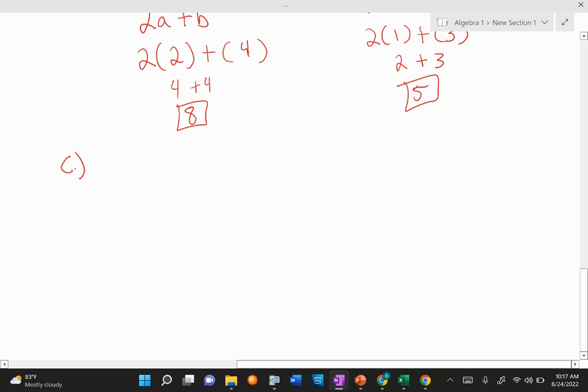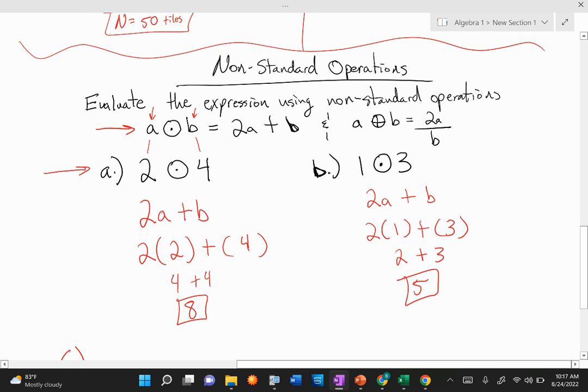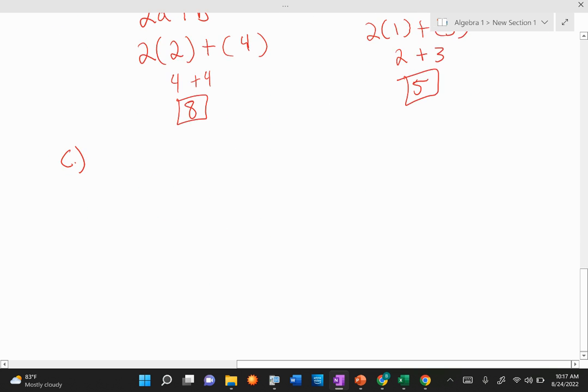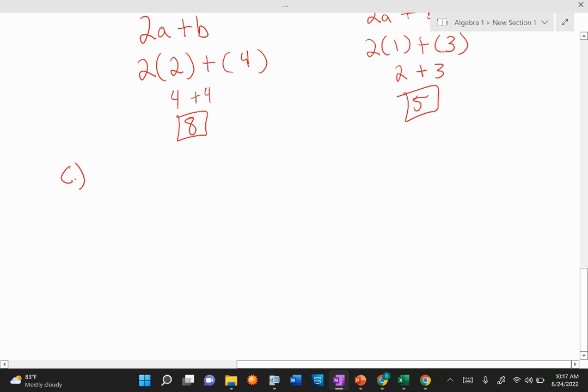So I've scrolled away from my non-standard operations that we're working off of. So just make sure you're looking at your paper if you've got those down. Okay, did we write those down? These right here. Okay. So for C, this is going to look a little different.